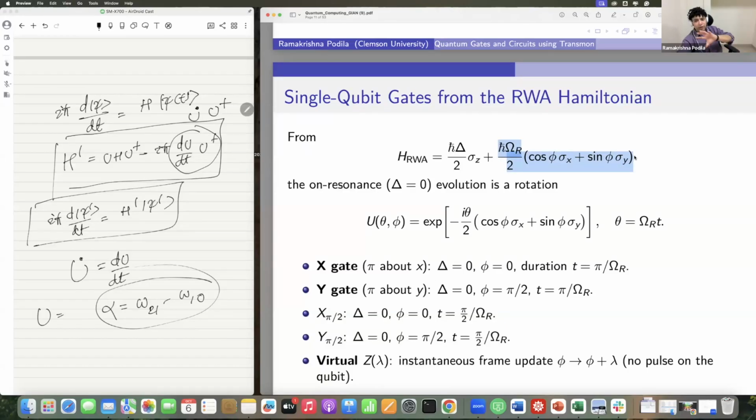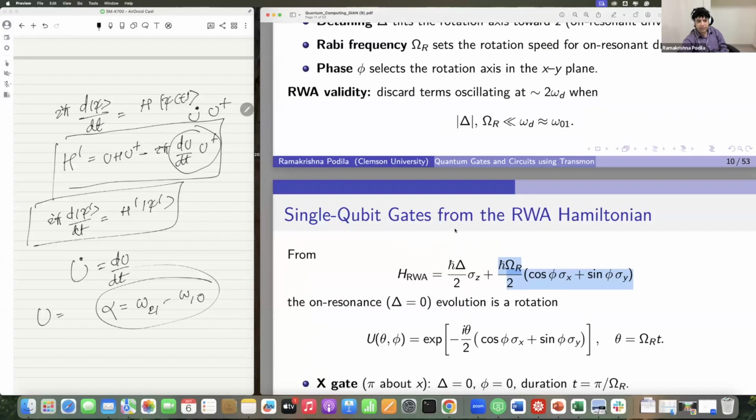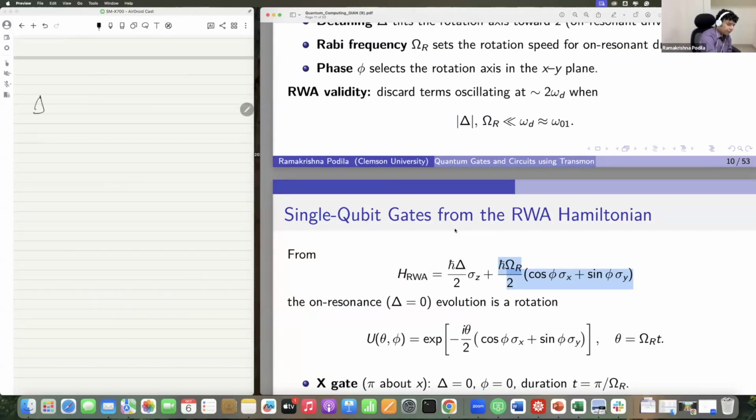And so you can think about this extra term now. This is the reason why we rotated our frame. So now the time dependence is gone here. So I can now, at resonance, that is when my omega d, this delta that you see here, is related to omega 0,1. That is the difference between, in the cosine delta potential, the 0th state and the first state, which we are isolating.